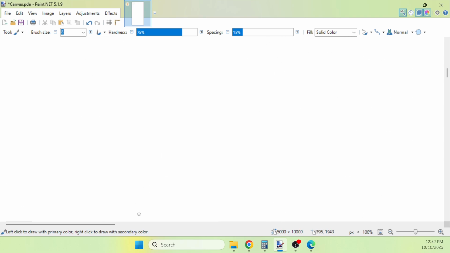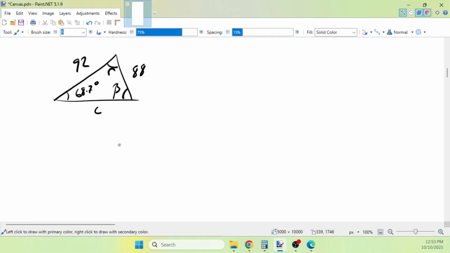Okay, number 19, we have an angle and two sides. Opposite that is a side of 88 degrees. Side B, side C, gamma, and beta. We have the tools necessary to find beta.